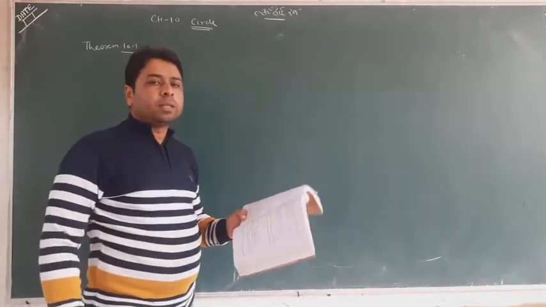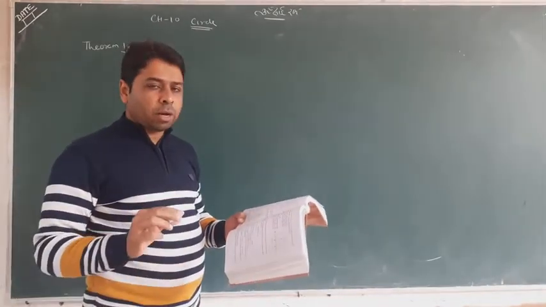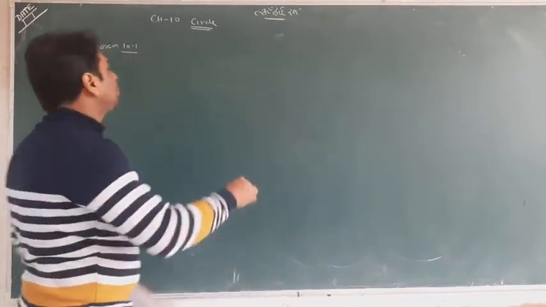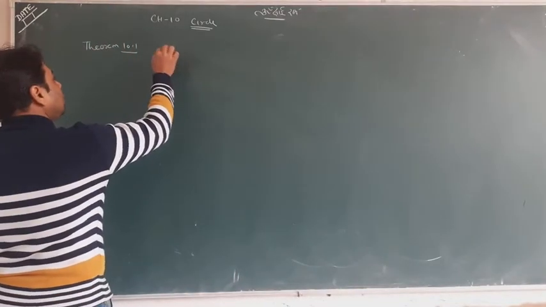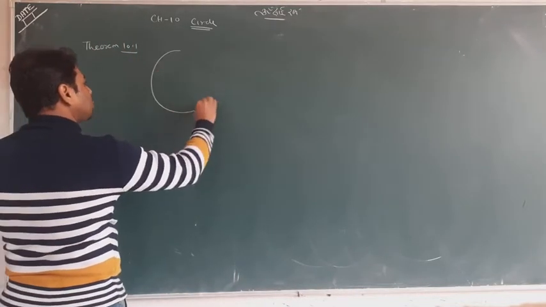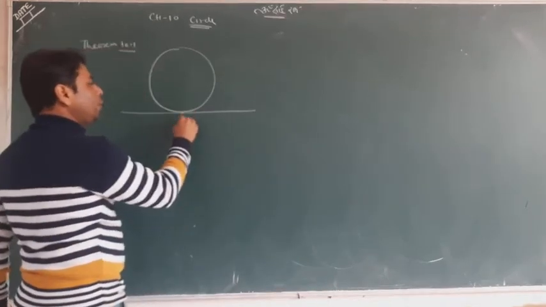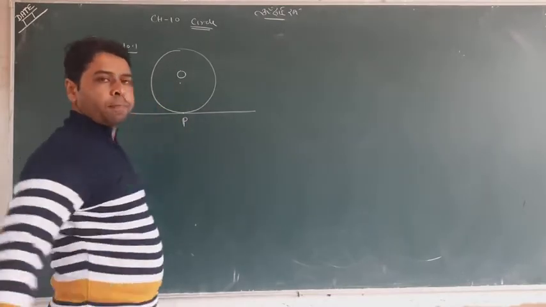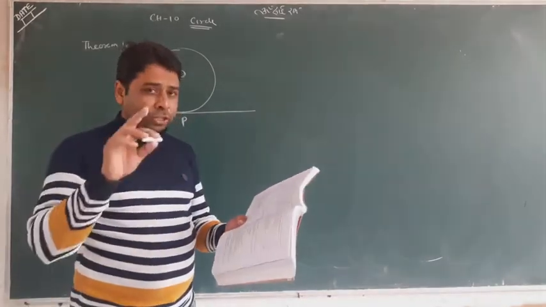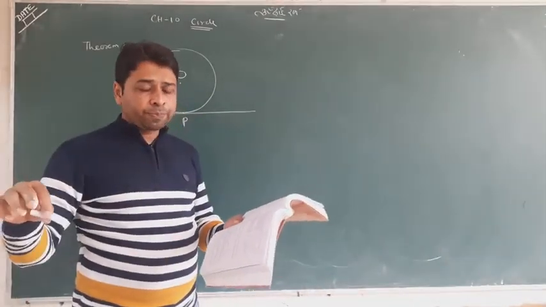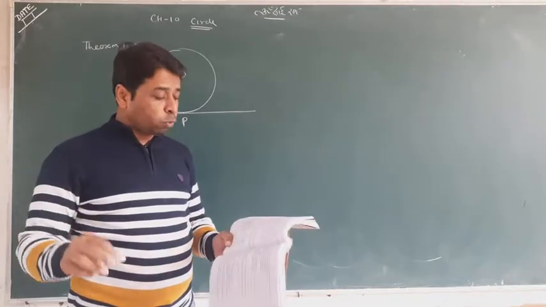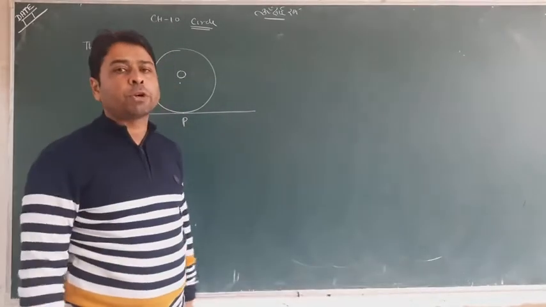It says the tangent at a point of a circle is perpendicular to the radius through the point of contact. First I just want to make a picture. This is the circle, and this is the tangent at point P. This is O. It means the tangent passes through P, the point of contact.